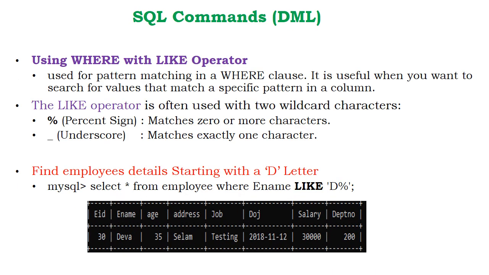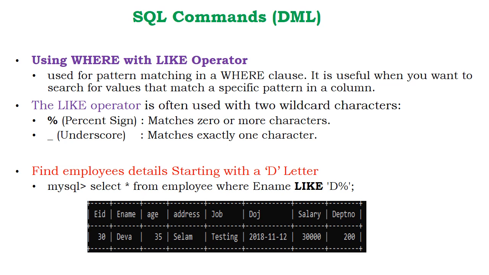And next one is the LIKE operator. It is used for pattern matching in the WHERE clause. With the LIKE operator we can use the percentage sign and underscore. Percentage sign means match zero or more characters. Underscore means match exactly one character. For example, if I want only the details starting with a particular character, then we can use a pattern.